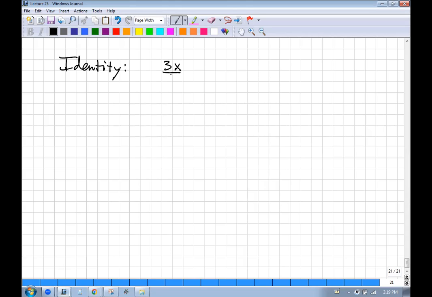Like 3x over 4 is equal to 6x over 8. Right? It's true for any x. X is any real number. This is always true. So you can always replace a 3x over 4 with a 6x over 8.